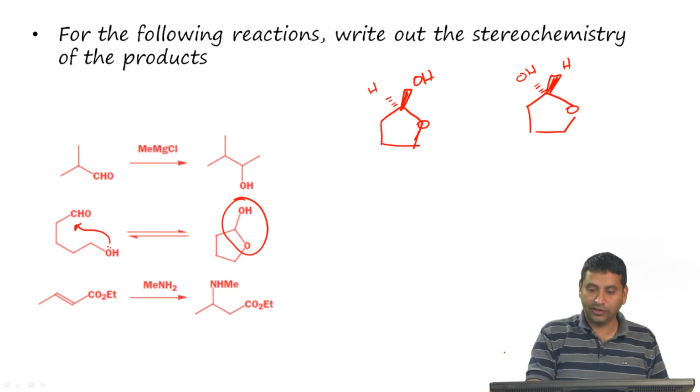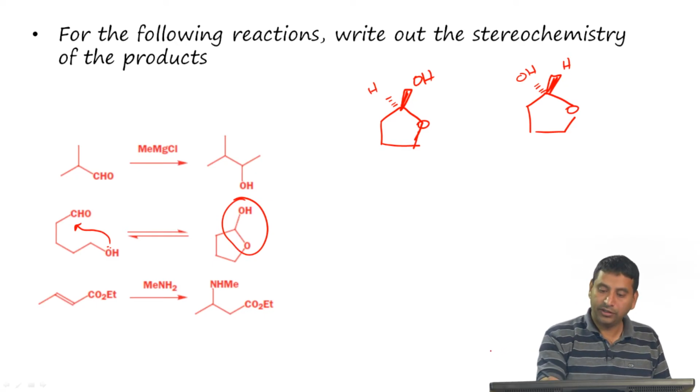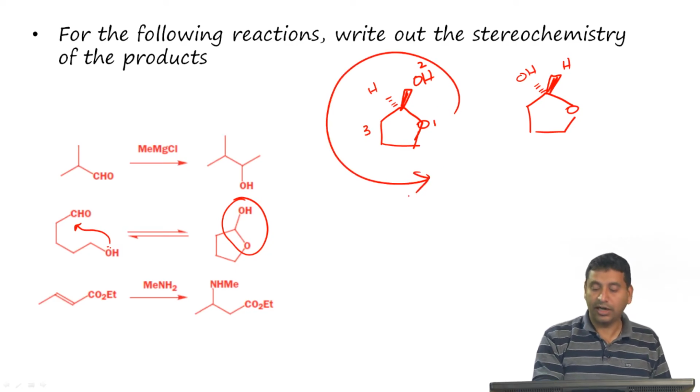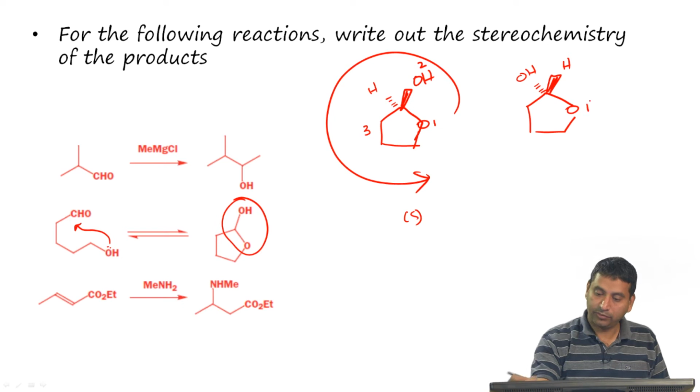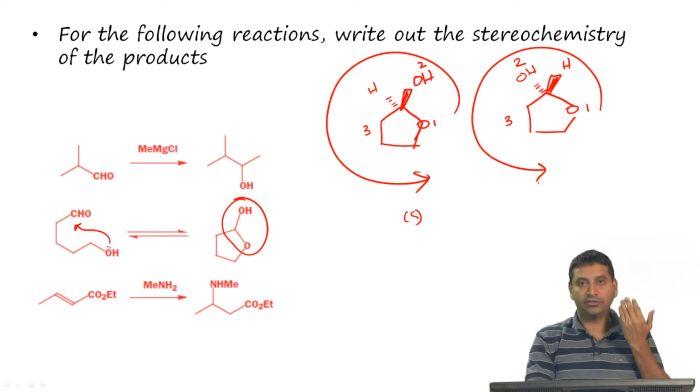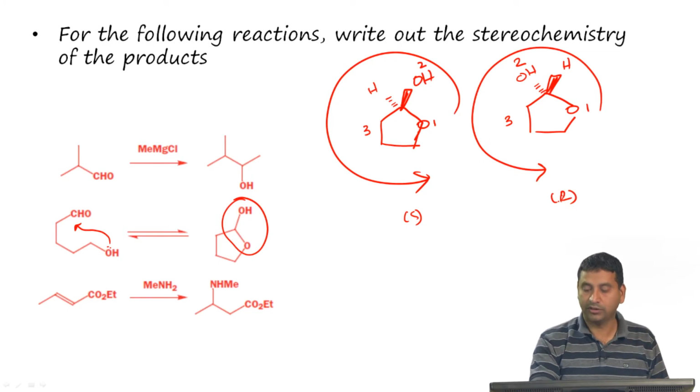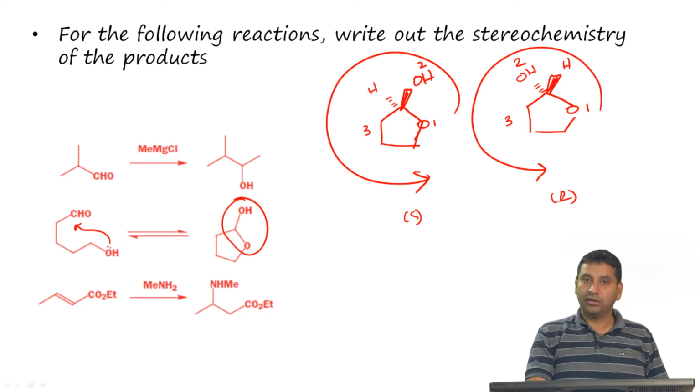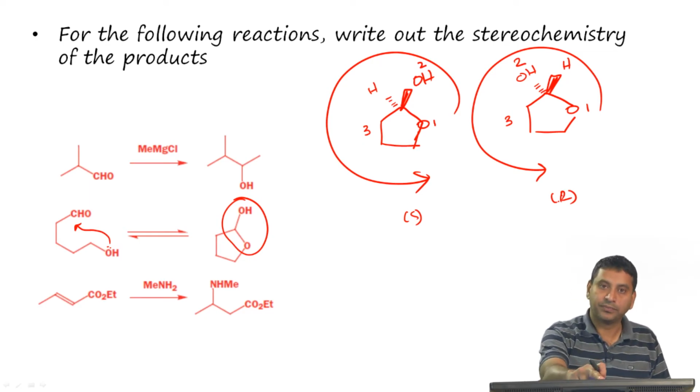Here, if we were to assign the stereochemistry, the priority would go number 1 over here, number 2 over here and number 3 over here, and so this would be anti-clockwise, and so this would be S. In the next case you would have priority number 1 here, priority number 2 here and priority number 3 here, and this is again anti-clockwise, but since the hydrogen is towards us, this would become R. So, again you get a racemic mixture as shown here.